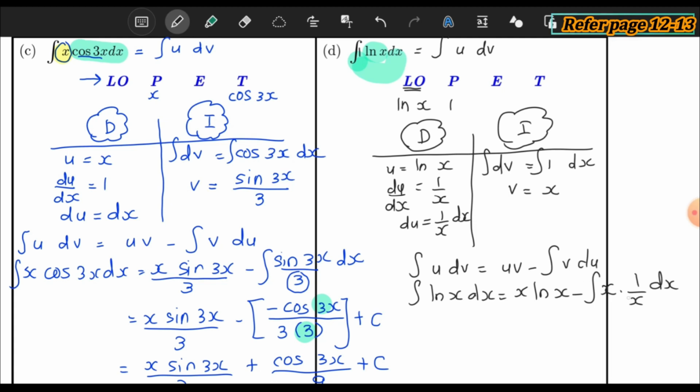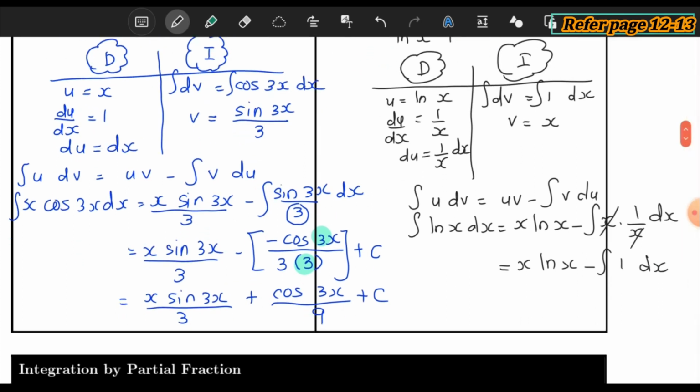For v du, x can be simplified with x here. So we have x ln x minus integrate 1 dx. Therefore, the answer is x ln x minus x plus c.